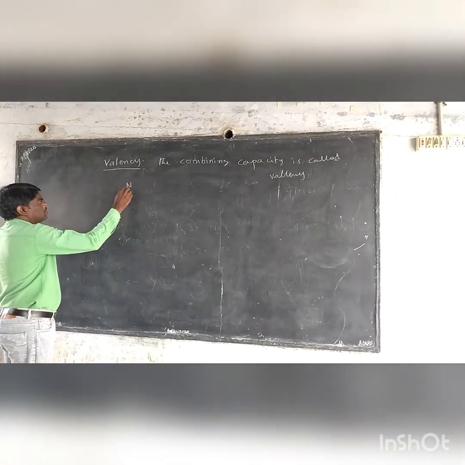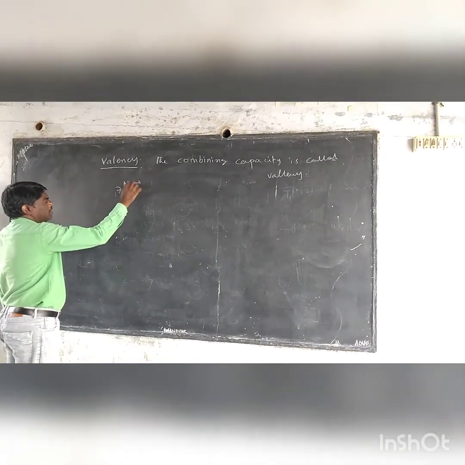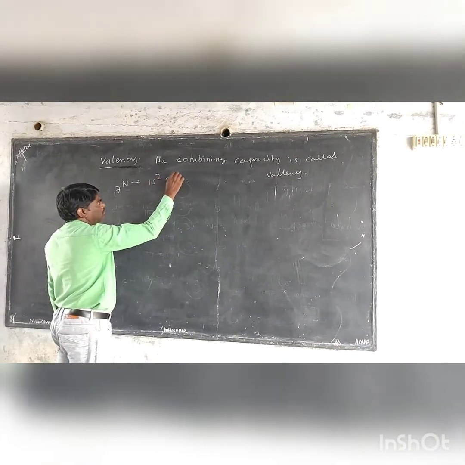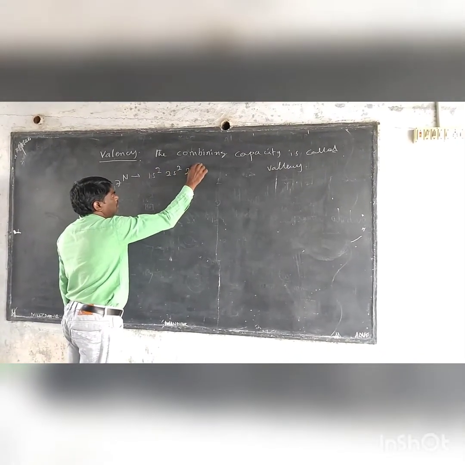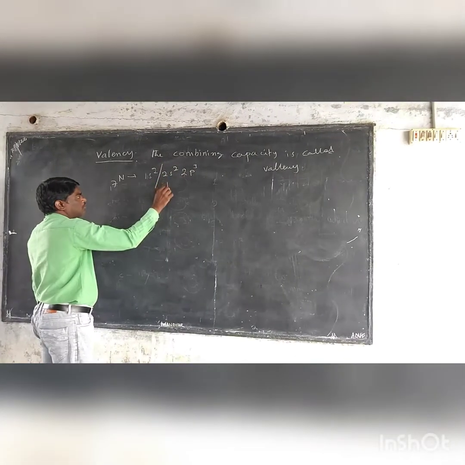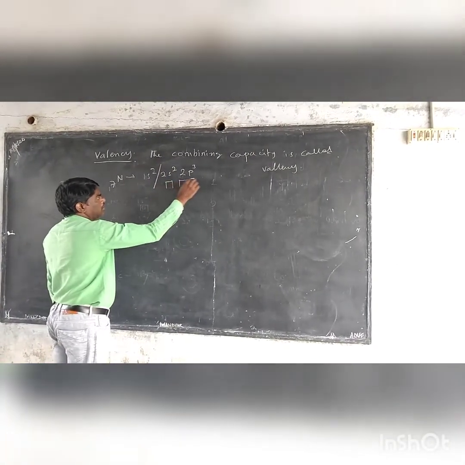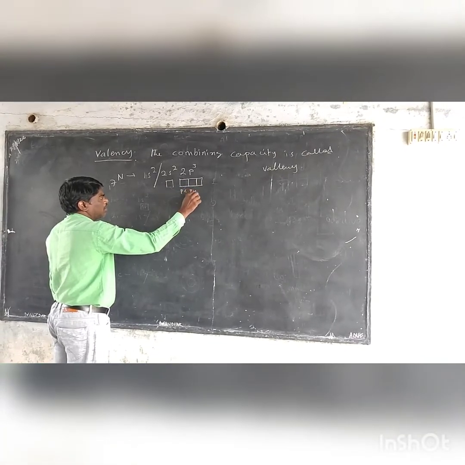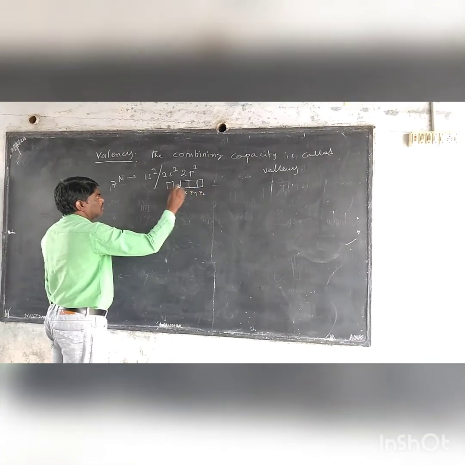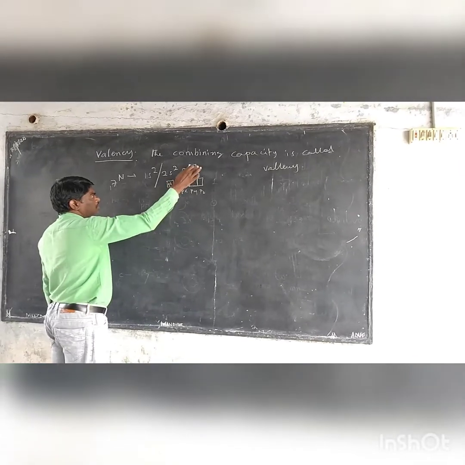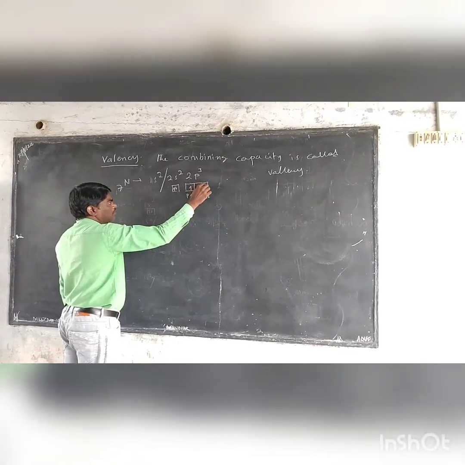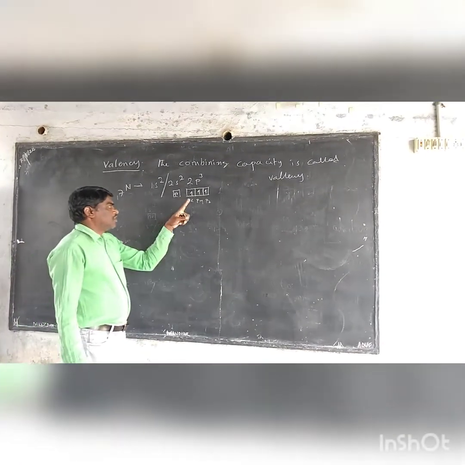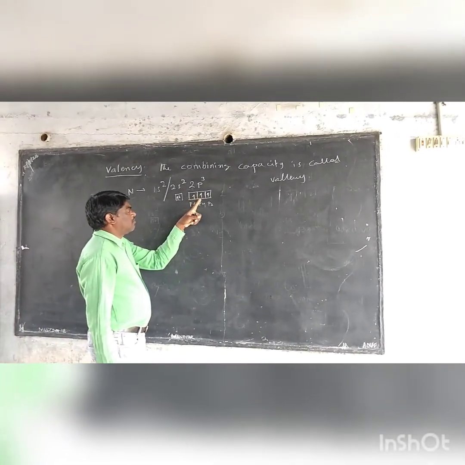Nitrogen, atomic number 7, symbol N. Electron configuration 1s2, 2s2, 2p3. The s orbital is only 1 orbital, and the p orbital has 3 orbitals: px, py and pz. The s orbital is filled with 2 electrons, and in the p orbitals each orbital has 1 electron. Completely filling needs 3 more electrons, since px has 1, py 1, pz 1.